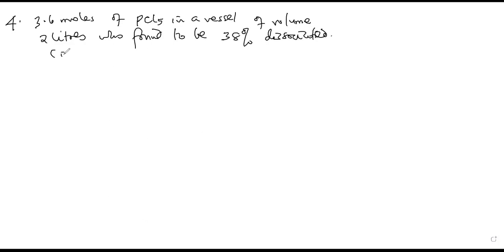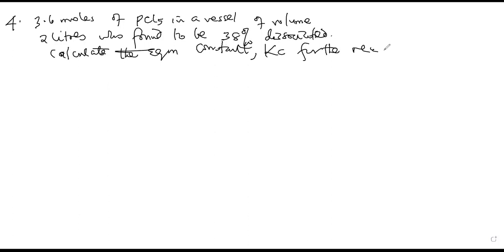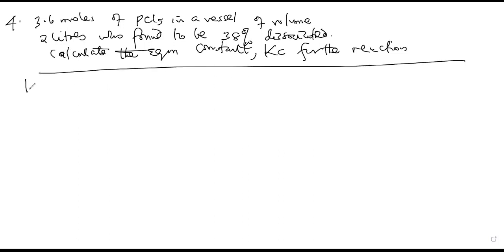Calculate the equilibrium constant Kc for the reaction. If I'm to give you a hint, when they say it is 38% dissociated, this is giving us alpha, 38 out of 100.